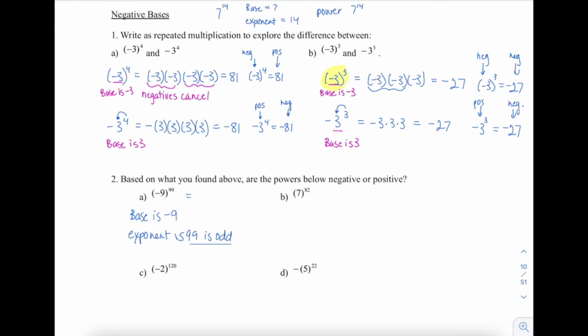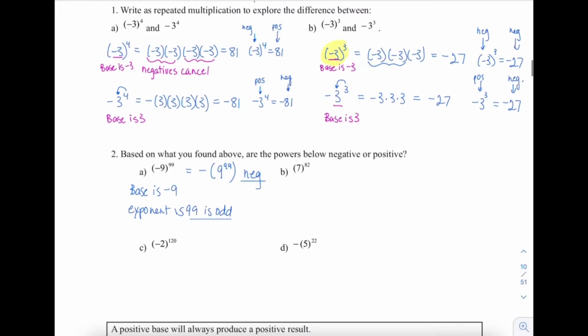So we're going to write this as negative bracket 9 to the 99. My overall result will have the size of 9 to the power of 99, which is a really big number we can't evaluate, but I know that the overall quantity is going to be negative.